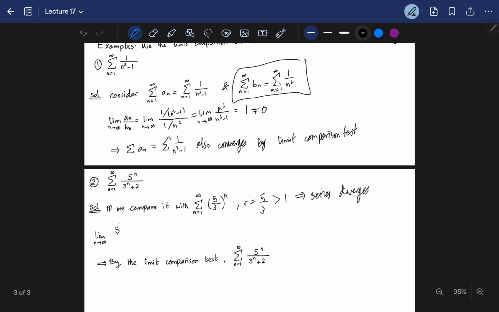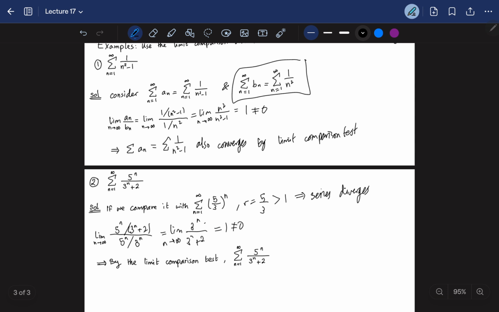So if we do that, now we can cancel 5 to the n, and if we do the keep change flip rule, we're going to get this. Now this limit equals 1, which is not equal to 0.